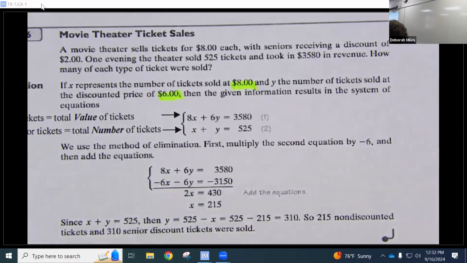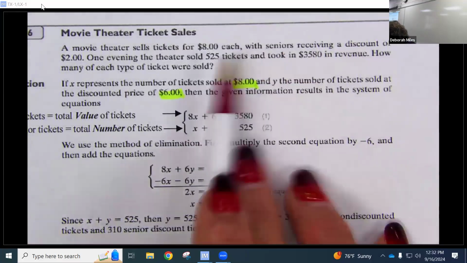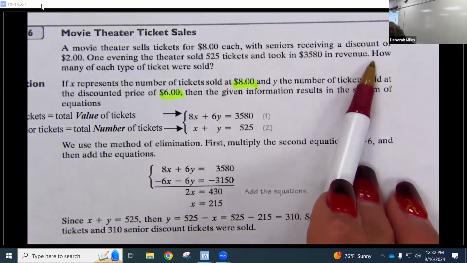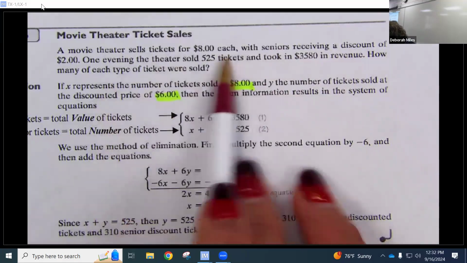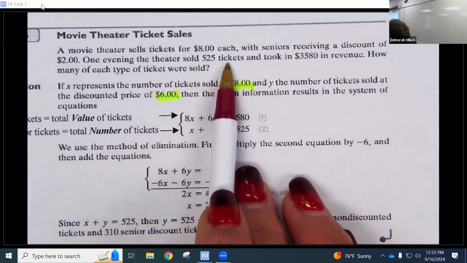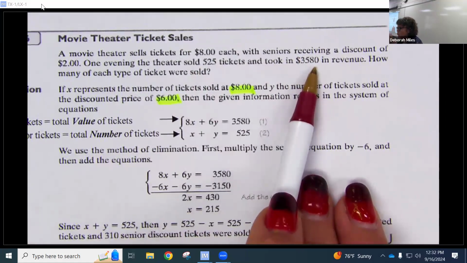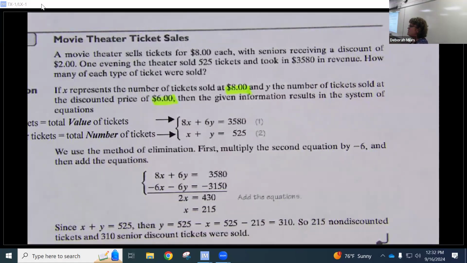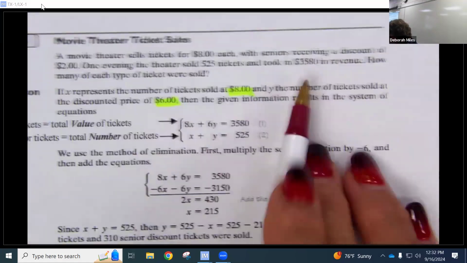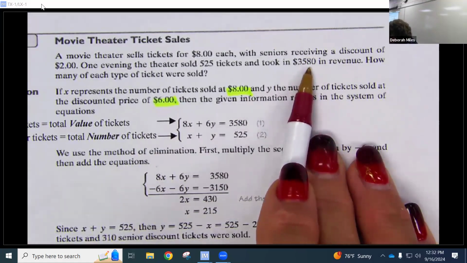Not only do I know something about the price of the tickets, I know how many total tickets were sold and what the theater brought in as revenue. Revenue is what you take in before you subtract off the cost. They took in $3,580.